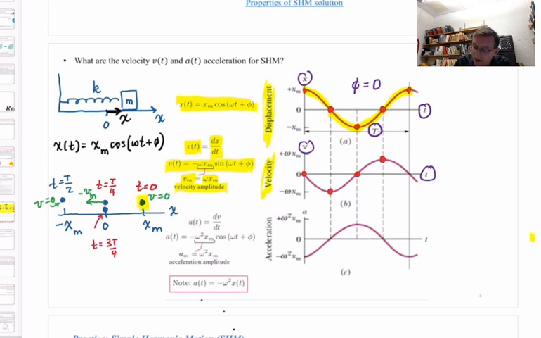So that's this other time I've shown. So now, the second time it goes through the origin, it's moving to the right, the fastest it's going to go, plus v max. And then the next one is at time of one period when the velocity is 0 again, and we've completed one cycle.